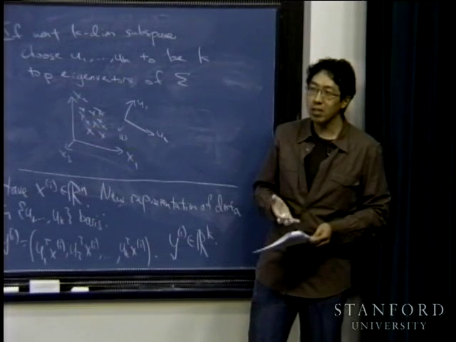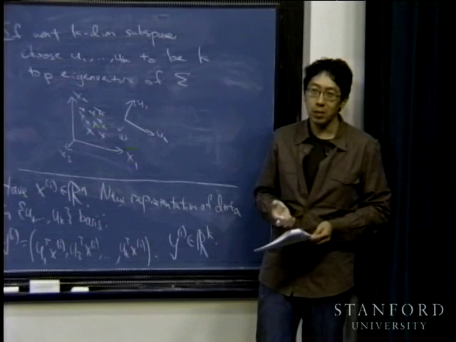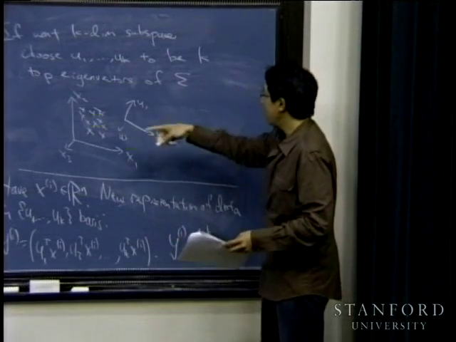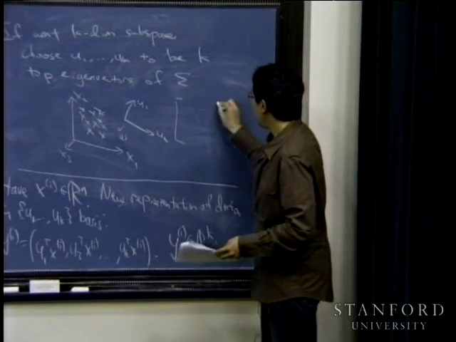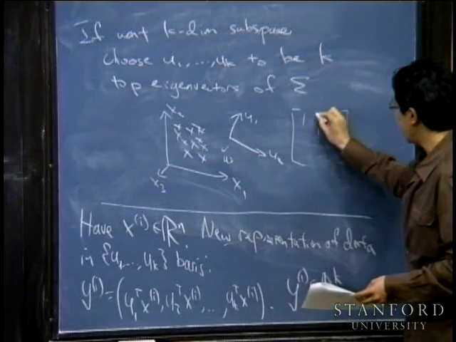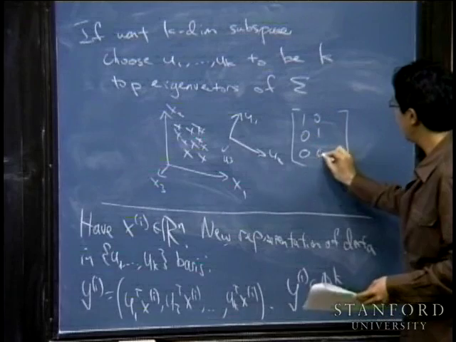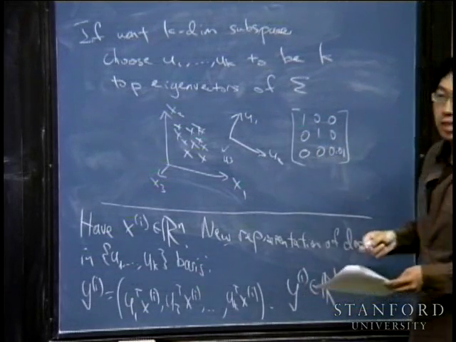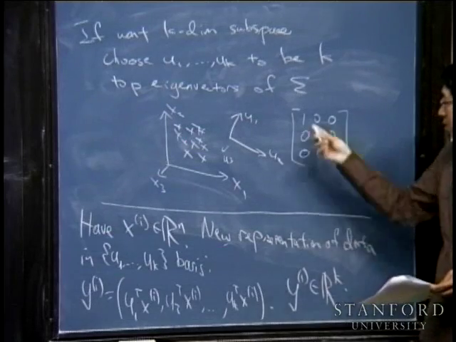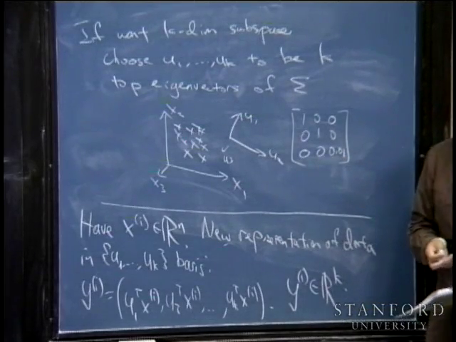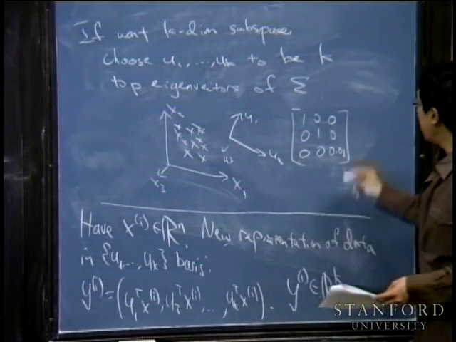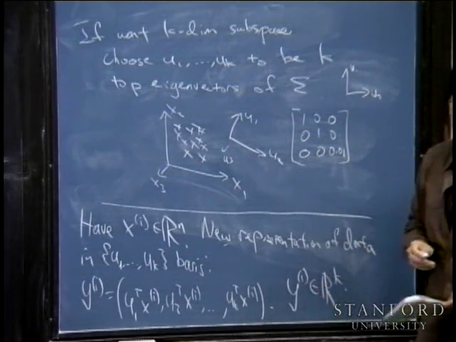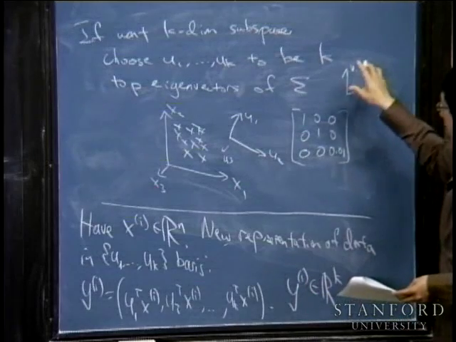There's one other issue, which is repeated eigenvalues. So for example, in this example, if my covariance matrix looks like this, with 0.01, it turns out that the identity of the first two eigenvectors is ambiguous. By that I mean you can choose this to be U1 and this to be U2, or I can just as well rotate these eigenvectors.